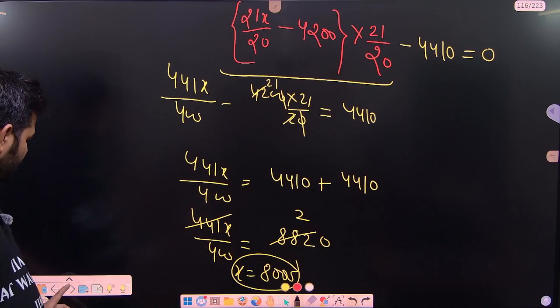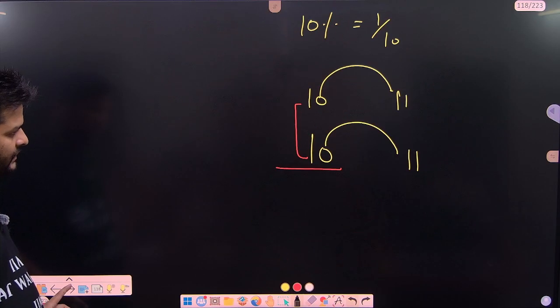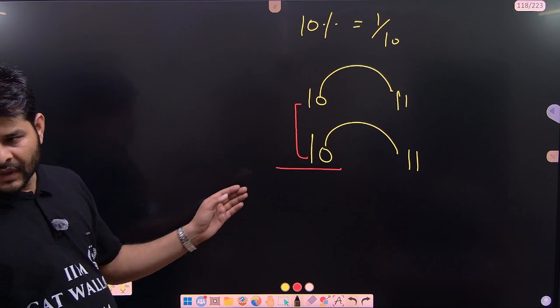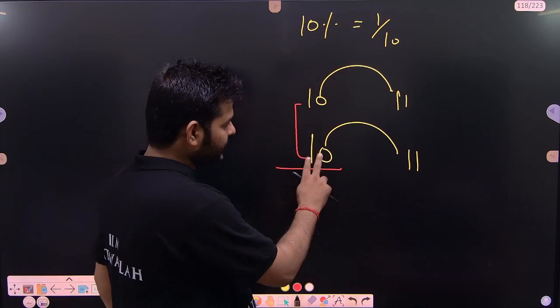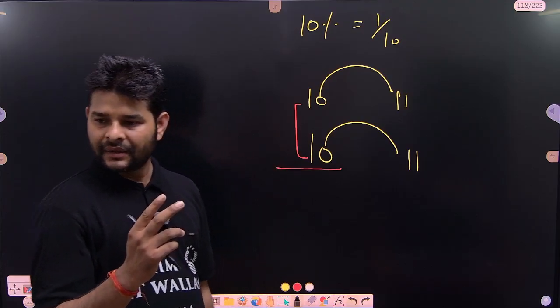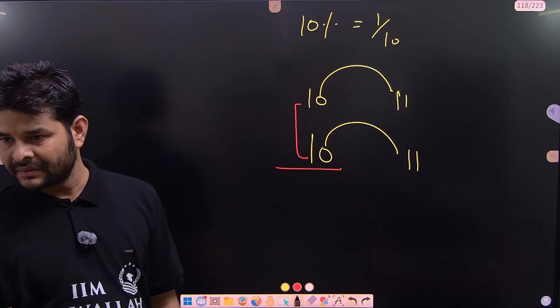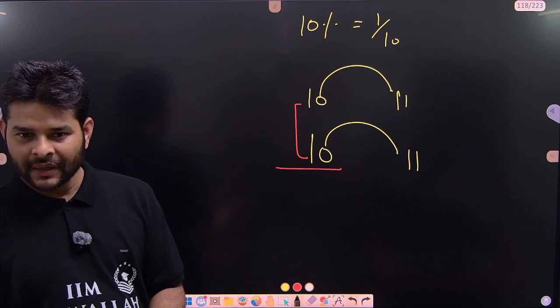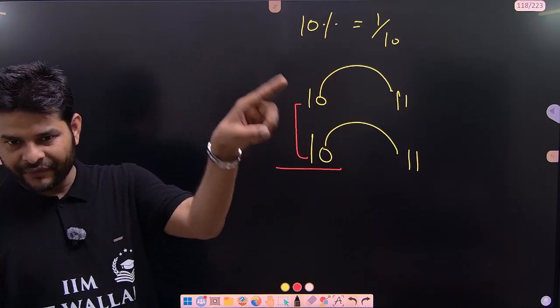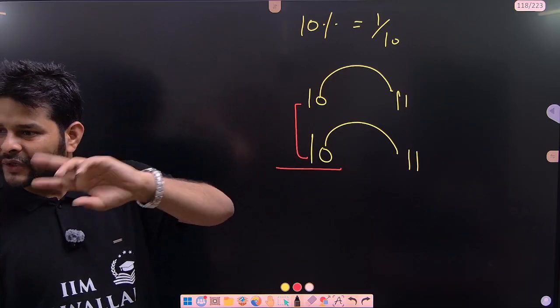So what we do in this method: if we have 2 years, then we need to take 10, 10, 2 times. If we had 3 years, 3 times. If we had 4 years, 4 times. And all of them, we need to multiply.